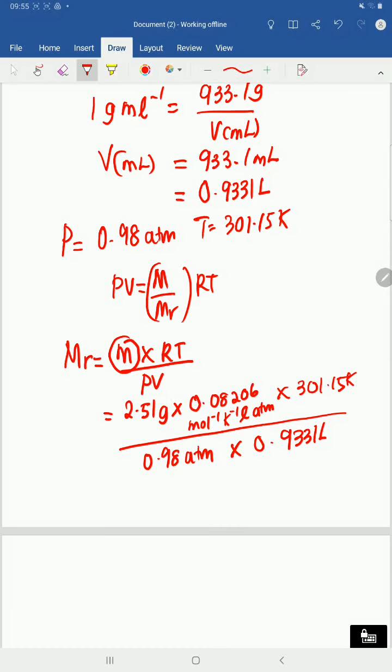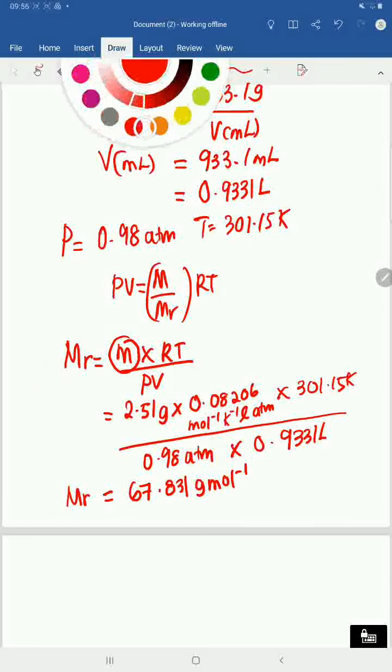Now take your time and press the calculator to get the molecular mass. You will get 67.831 gram per mole.